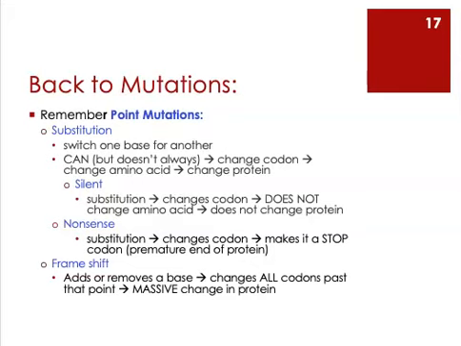Maybe the stop codon should have been at position 1001. But a mutation occurs in the DNA, and it results in the production of a stop codon in the messenger RNA at location 30. When the ribosome hits that stop codon, it's going to stop.